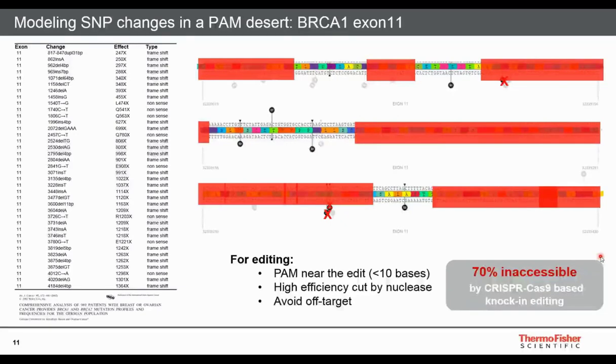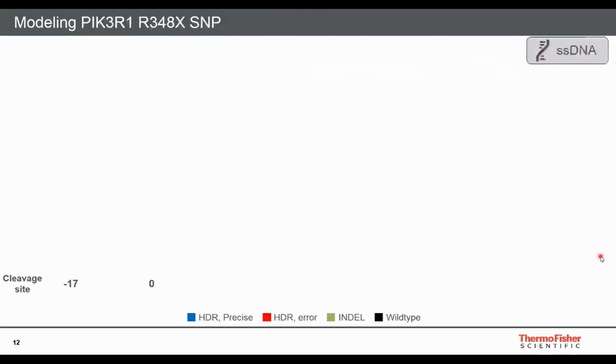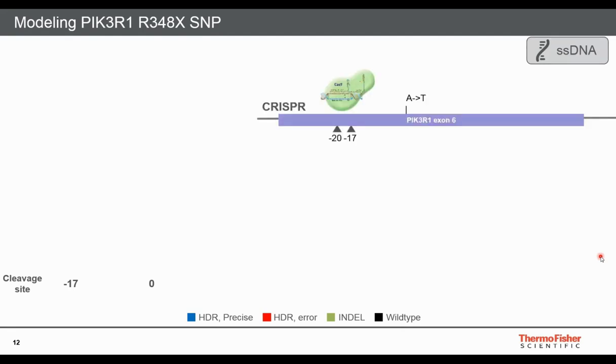So what would you do if you're trying to model a SNP change that exists in a PAM desert? Looking at another model SNP that exists in a PAM desert, this PIK3R R348 nonsense mutation SNP change, we identified CRISPR-Cas9 cut sites that are going to be able to reproduce this specific SNP change.